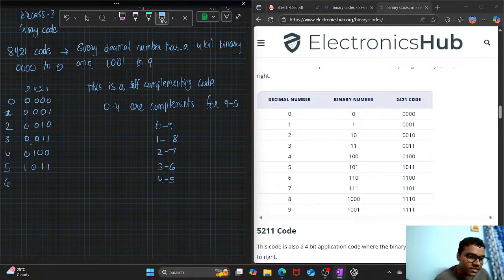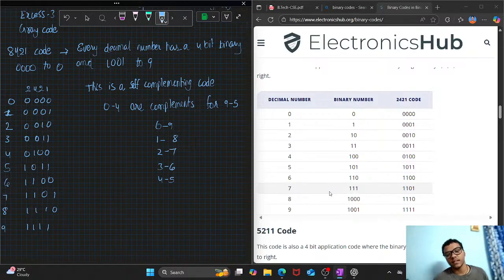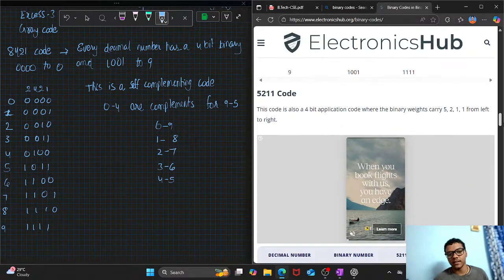So 6 should be the complement of 3. And 7 is the complement of 2, that is 1, 1, 0, 1. Right. And 8 should be the complement of 1, that is 1, 1, 0, and 9 should be the complement of 0, four ones.